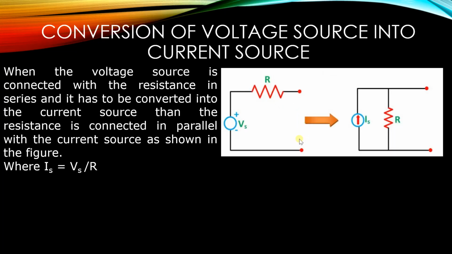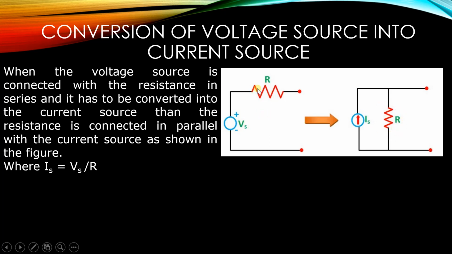Now, how we convert a voltage source into a current source? This is the diagram in which we are having the voltage source and a series resistance, and we want to convert this into a current source in which we are having a current source and a resistance. For this conversion, we convert this voltage into current, and in current we know that the resistance is in parallel.